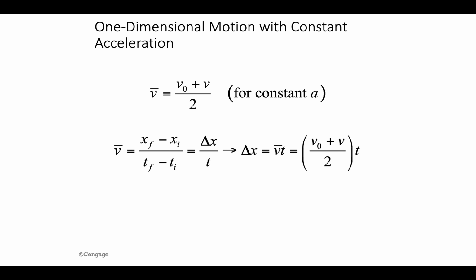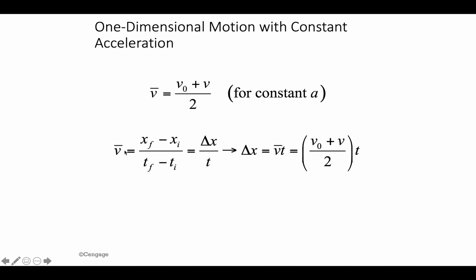And it's only true for a constant acceleration, because when the acceleration is constant, you spend an equal amount of time at each discrete instantaneous velocity, and therefore the average between the two velocities is just going to be the midpoint between the two.